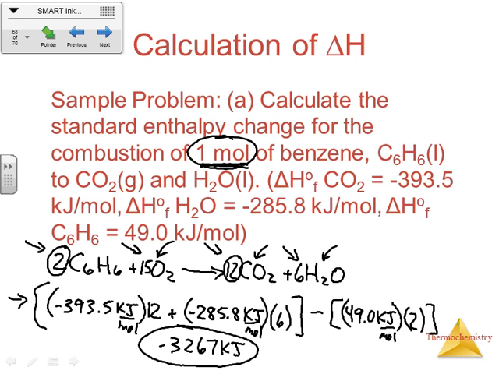Now, what you could do here, after you figure this out, this is negative 6534 kilojoules per every 2 moles of benzene, because that's what we found here since we have the 2 coefficient in front of the C6H6. Just divide that by 2, and that's going to give us our answer down here. Okay.